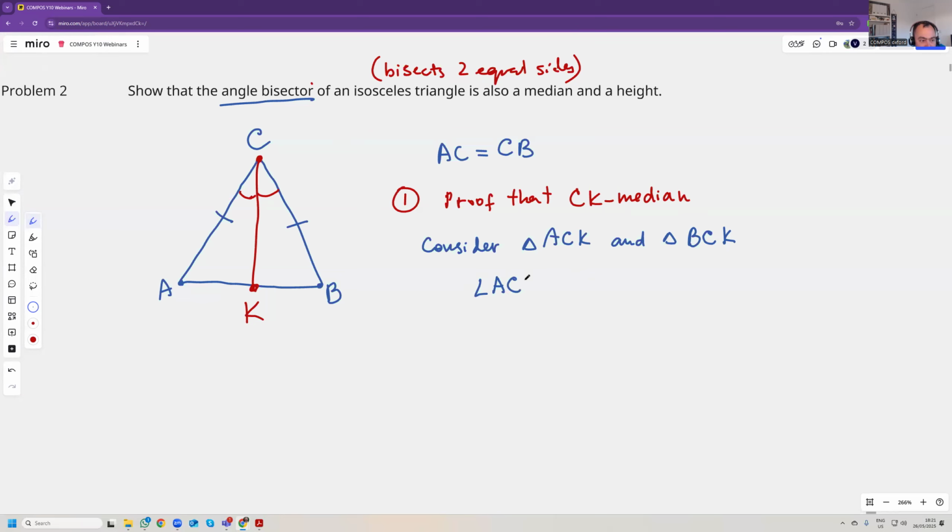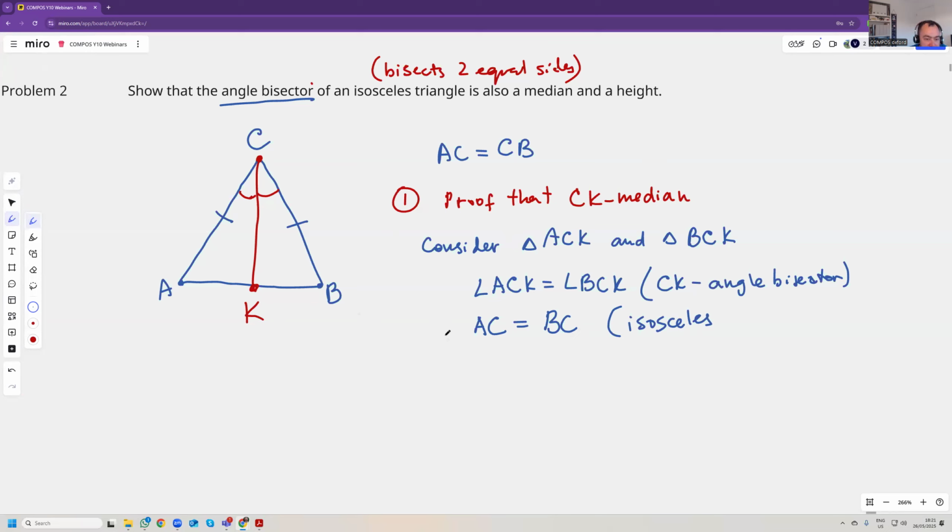Angle ACK is equal to angle BCK because CK is the angle bisector. So that's a given. Then side AC is equal to side BC because it's isosceles. And then finally, side CK is equal to itself because it's the same line, right?